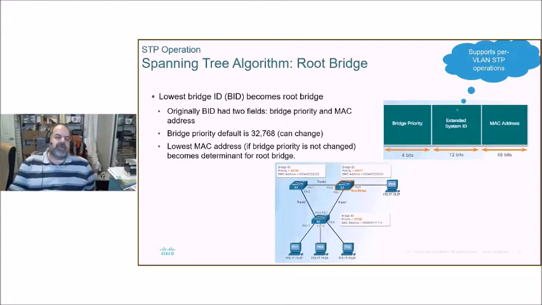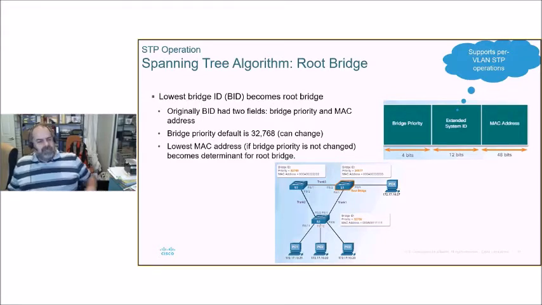Now, the priority by default is a 16-bit number, and so 65,536 is the number of values it can have, and so the default priority is halfway. So if no one configures the priority of a switch, they will have the same priority, but it will be the MAC address that will be the tiebreaker, because every switch will have a different MAC address. And so there will be a root bridge.